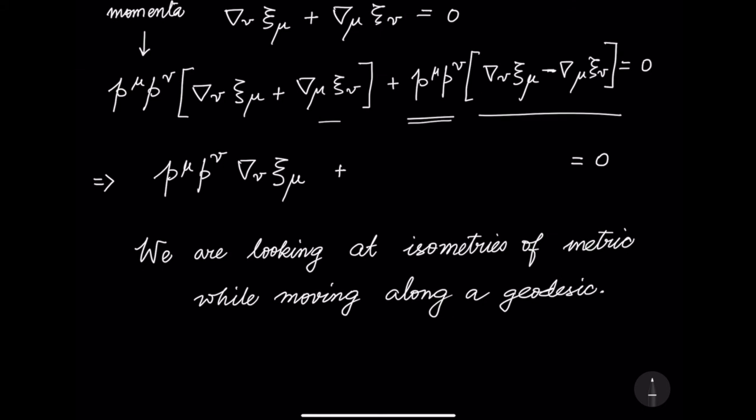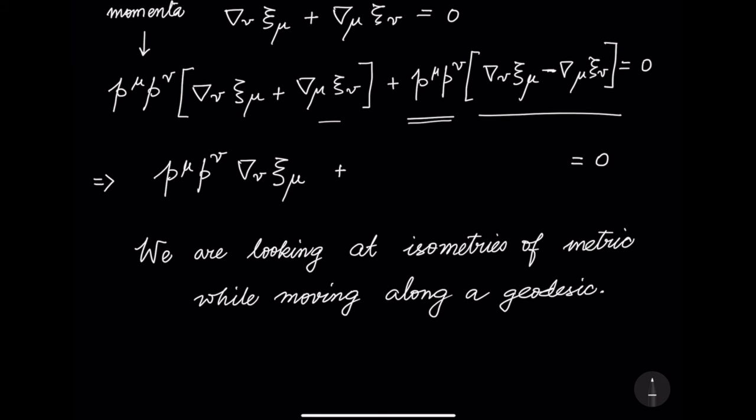So if there is a symmetry, then I can just add to whatever expression I have here the equation for a geodesic. And along the geodesic, we know the equation for a geodesic has the right hand side equal to 0. That is what we will exploit now.